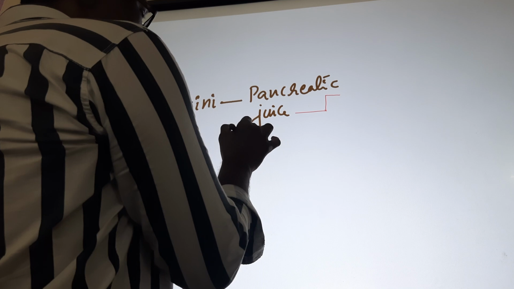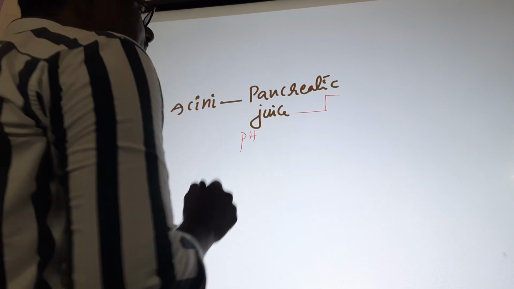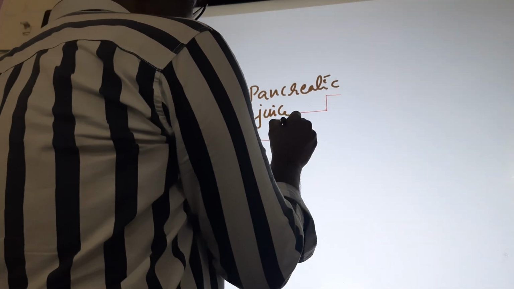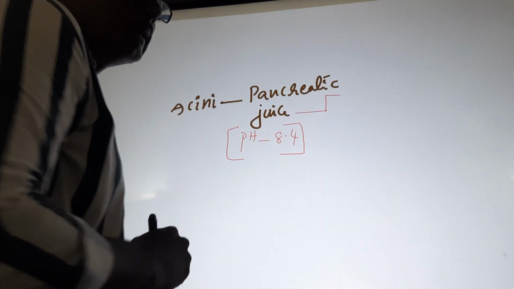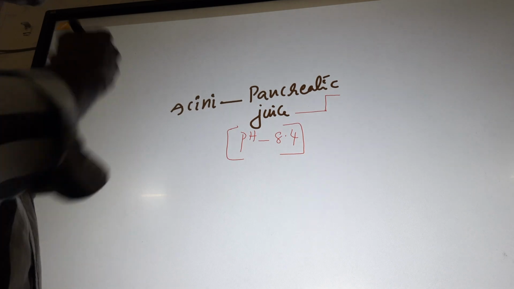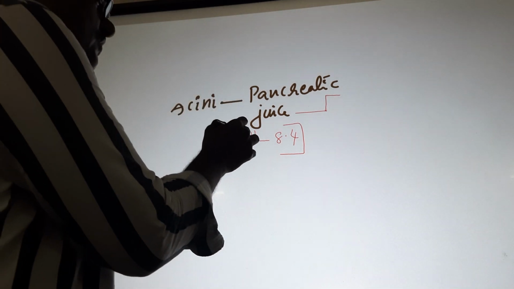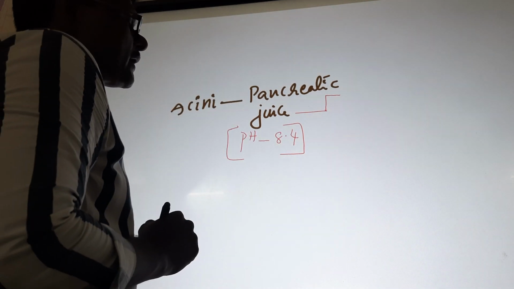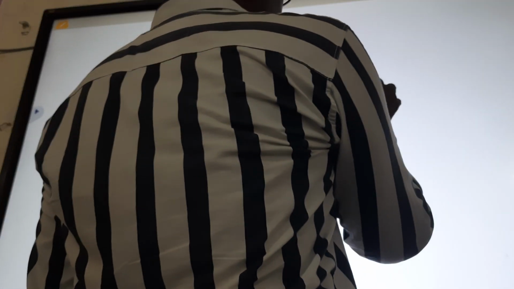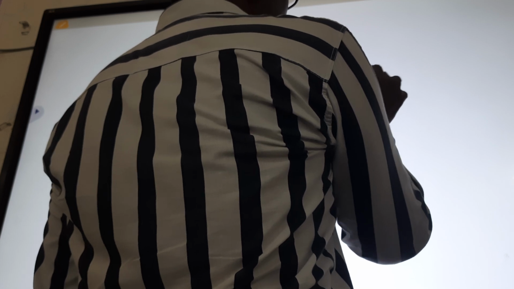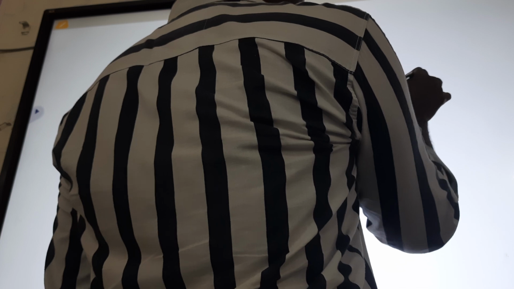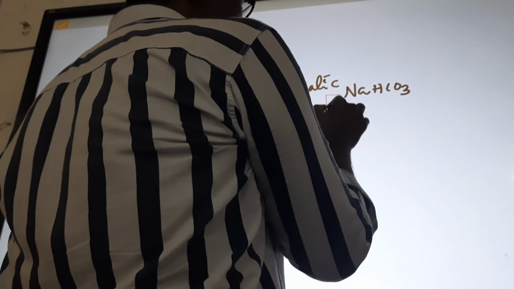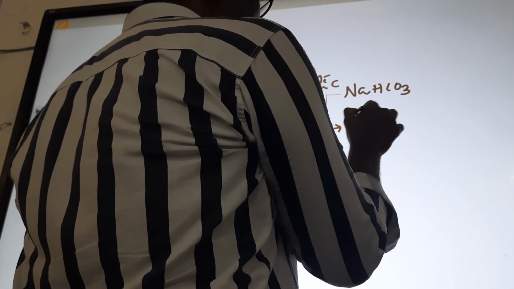Let's see that pH. pH of pancreatic juice is 8.4. It is slightly alkaline pH. Pancreatic juice consists of sodium bicarbonates and enzymes.